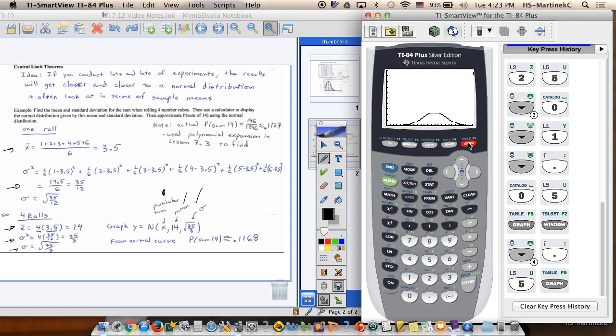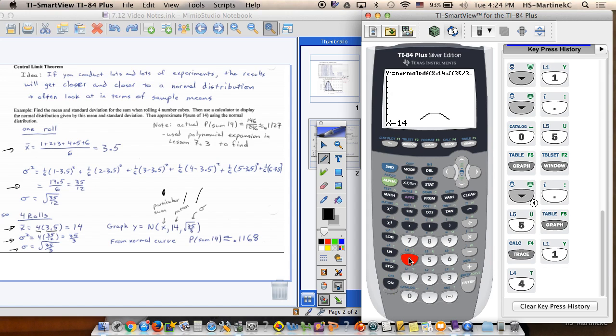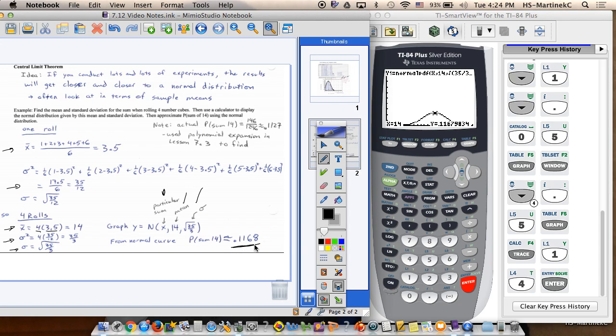Just like we could trace on any graph, we can trace on this probability distribution function. If I go to the trace button, we want specifically the probability we get a sum of 14. According to our calculator, it's about 0.1168 if we round. So here's the probability we get a sum of 14 from our probability distribution function, or normal curve.